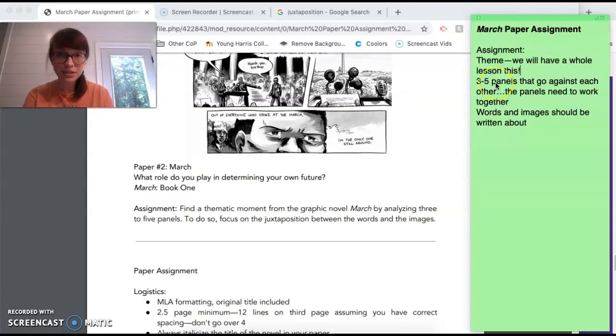And this word, panels, is in the introduction to graphic novels lesson. So if you are in the week of this paper being due and you don't know what a panel is, you're in trouble. Please go back and work through all the terms and concepts in that very first lesson, because if you email me asking what a panel is, that's going to be an issue.